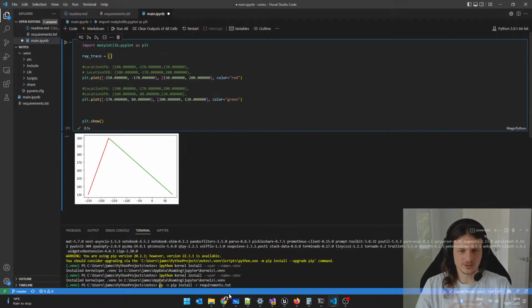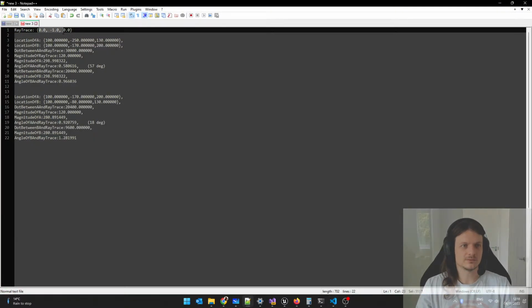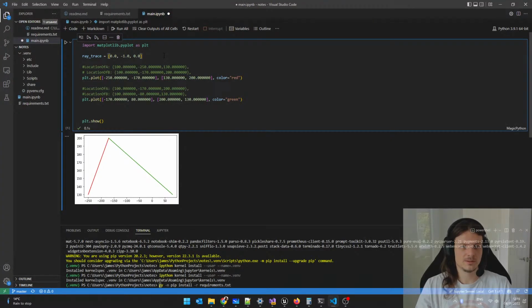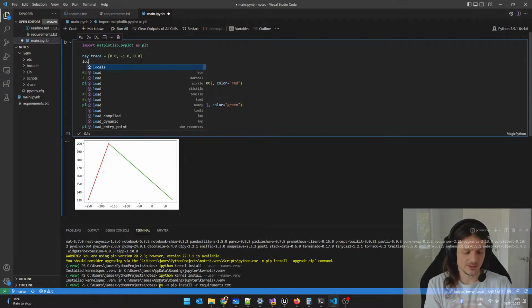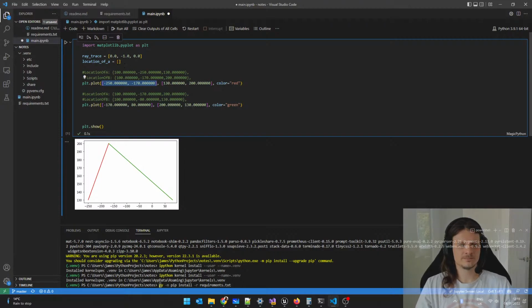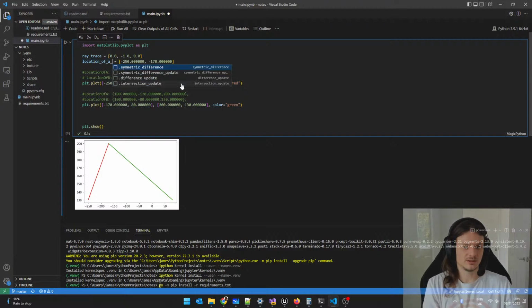So it's going to be, oh, what was it again? 010. This is location of A. It's on the x-axis.